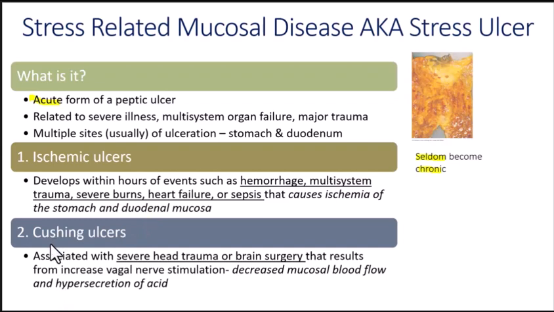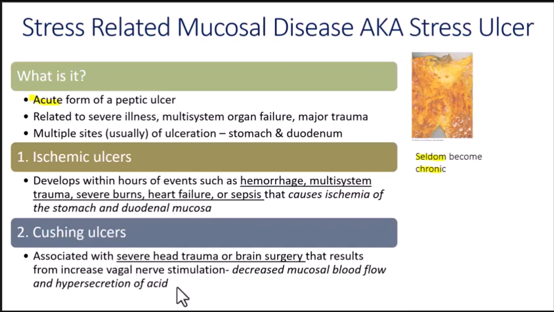Cushing ulcers are stress ulcers that are associated with severe head trauma or brain surgery. And when somebody has a traumatic event to their brain, one of the effects that can be seen is an increase in vagal nerve stimulation. The vagus nerve is a cranial nerve that has many different functions in the body, including regulating digestive function.